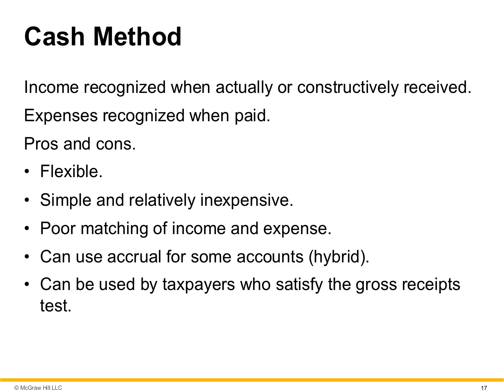You can use accrual for some accounts, so it allows for that hybrid accounting. It can be used by taxpayers who satisfy that gross receipts test. So I feel like that kind of rolls into the flexible, simple, and relatively inexpensive bullets.